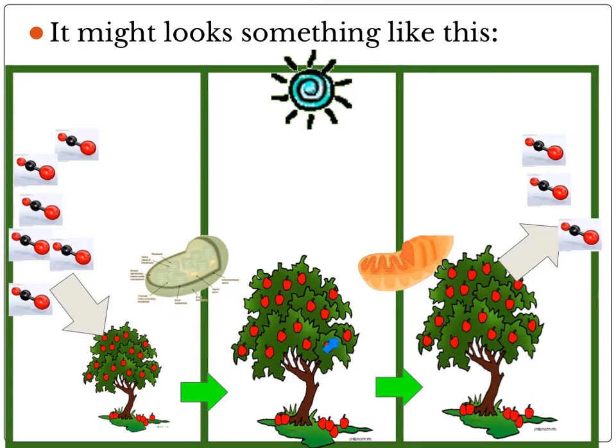And then, not only to build their bodies, but to power them, they will need to take some of the sugars that are made, put them into mitochondria, and as the sugar is broken down, carbon dioxide is released. But only as 3 carbon dioxide molecules. So 6, and then only 3 are released.